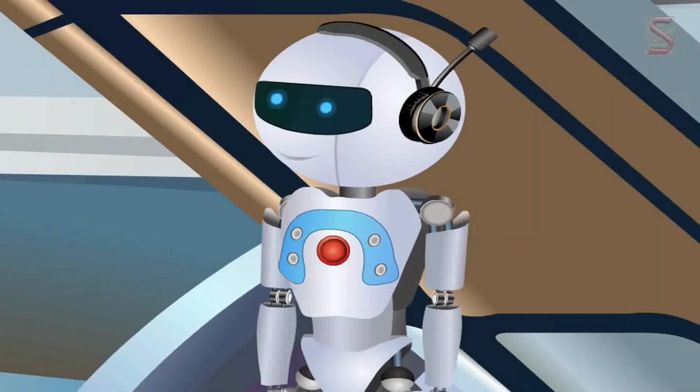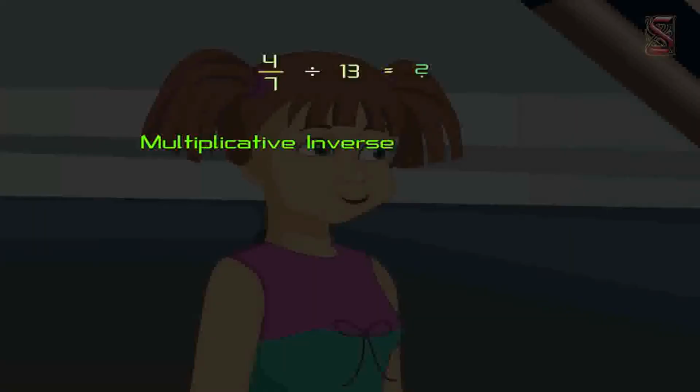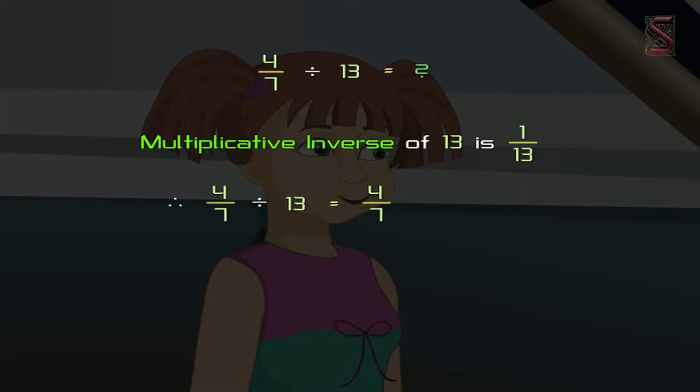Good. Now, what is 4 by 7 divided by 13? The multiplicative inverse of 13 is 1 by 13. Therefore, 4 by 7 divided by 13 is same as 4 by 7 multiplied by 1 by 13, which is equal to 4 by 91.